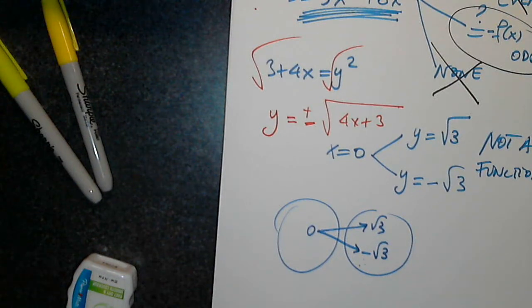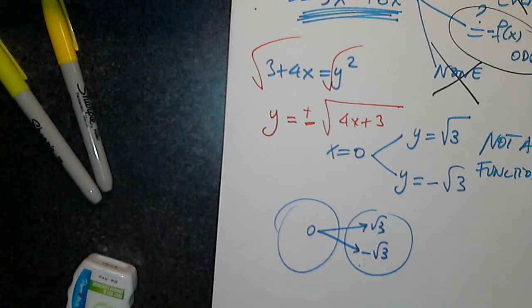So for the test, you should explain your answer. If you write that y equals plus or minus the square root of 4x plus 3, and you write this is not a function, it's 2 functions. One function is positive and the other one is negative.